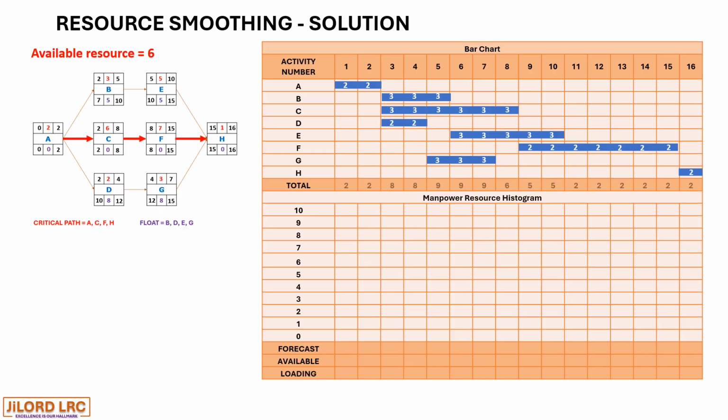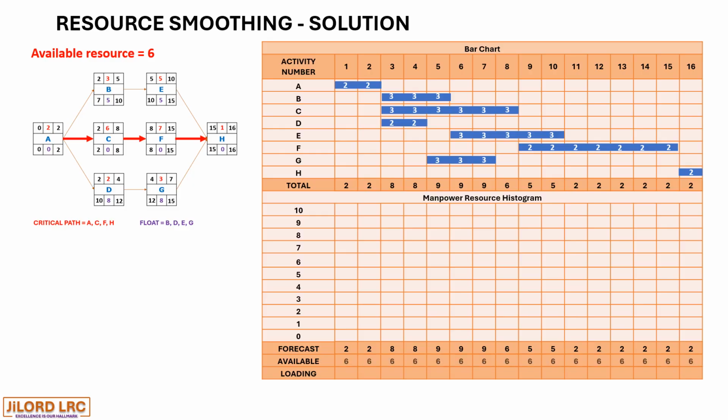The total resources available is what we see, and we realize that some of them are above the available 6, especially for days 3, 4, 5, 6, and 7. We have 8, 8, 9, 9, 9, which are well above the 6 available resources. But let's draw a histogram.